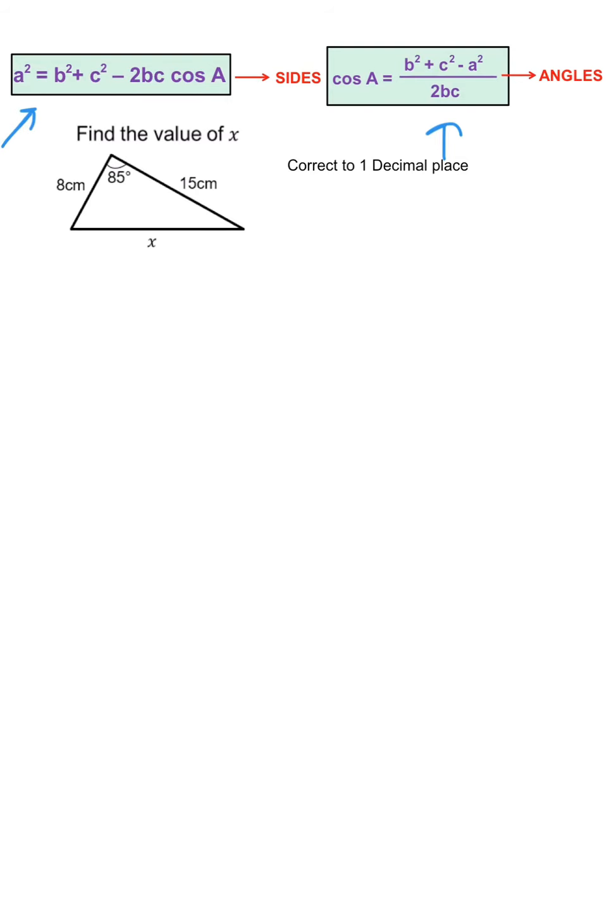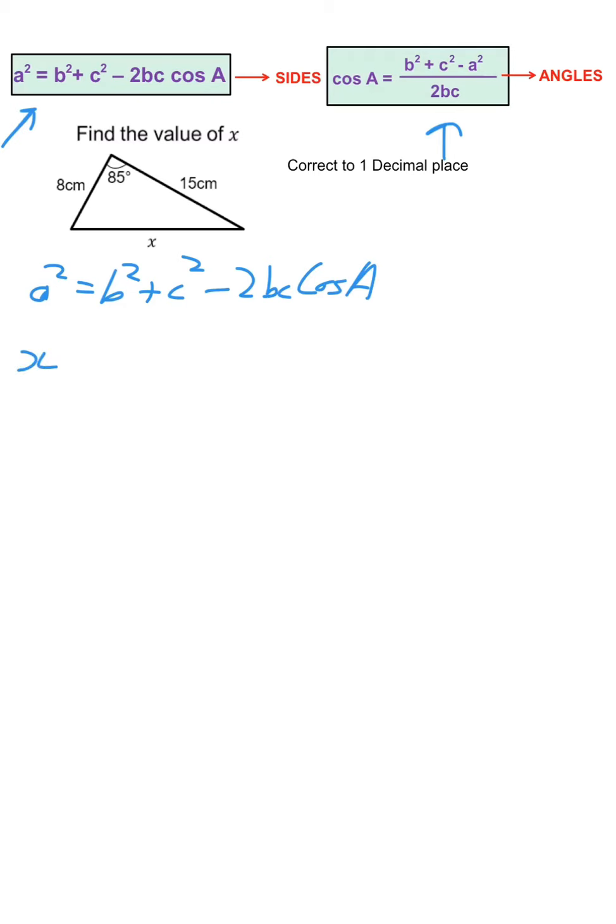Okay, so this question here, we need to find x. So that would be the a squared. I'm going to write down the formula: a squared is equal to b squared plus c squared minus 2bc cos A. Let's sub in now what we have. A is going to be x.